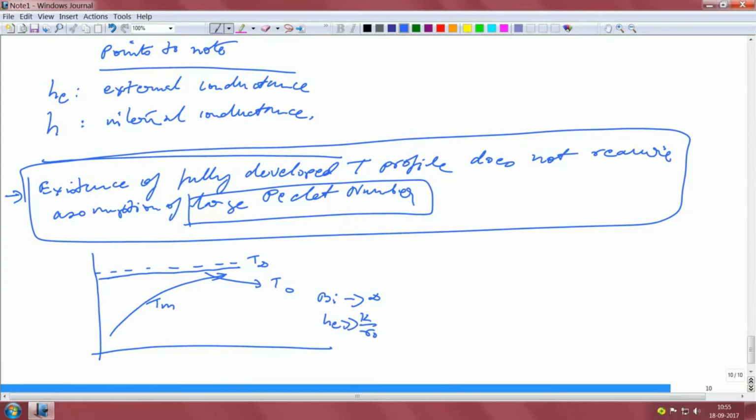That means there is no gradient in the external fluid. If you recall your example of a sphere immersed suddenly in a large thermal reservoir, we do not have to take the thermal gradient within the sphere when the Biot number is much less than 1. This is the opposite: if the Biot number is very high, there is no thermal gradient on the surface of the sphere with the external fluid.